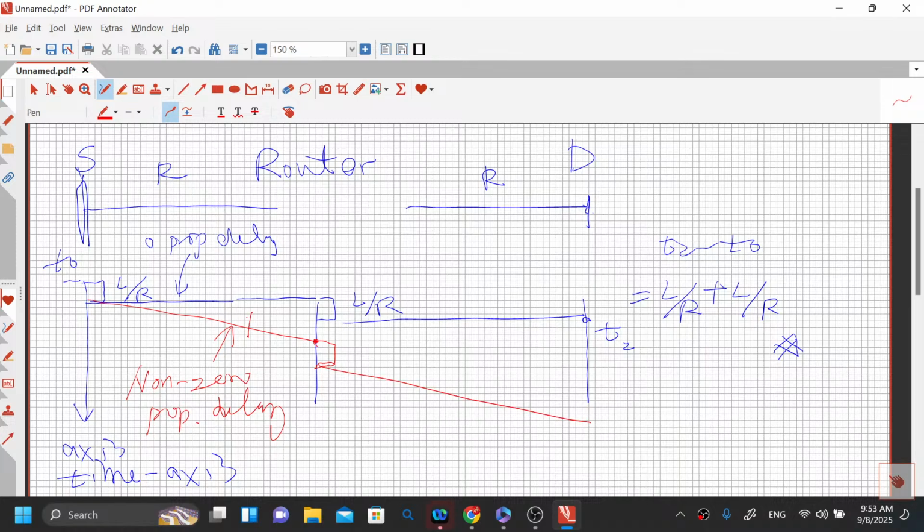Non-zero, maybe propagation 1 and propagation 2. And so the time T2 minus T1 should be 2L over R plus propagation 1 and propagation 2. I assume propagation 1 and 2 are not the same. And right now, maybe you don't have any idea about propagation delay, so I just let you have the notation: propagation delay 1 and propagation delay 2.